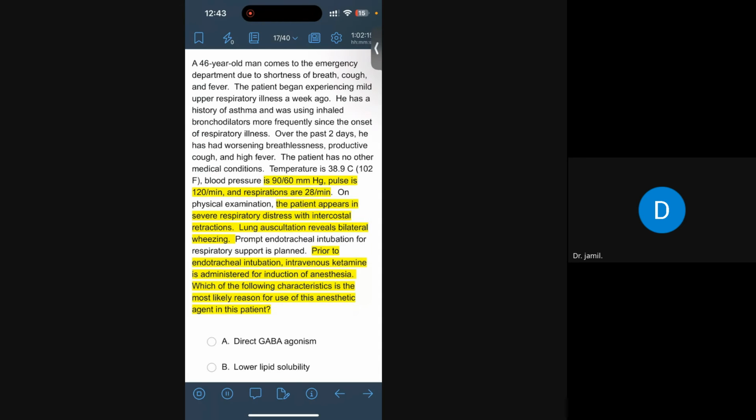The patient has an acute exacerbation of asthma, due to which there is bronchospasm, and the patient is hemodynamically unstable. So we need a drug which can help with the bronchospasm, and he is asking why we use ketamine in this specific patient.